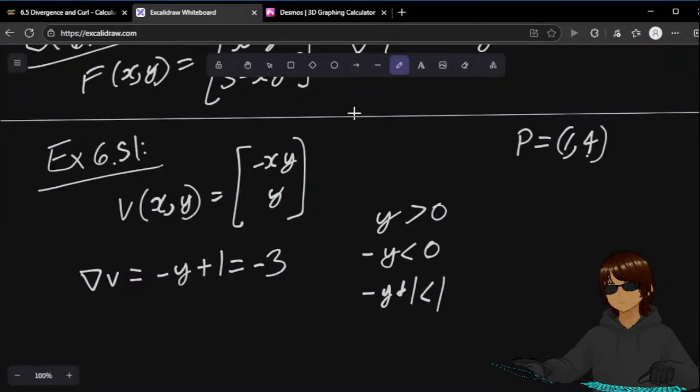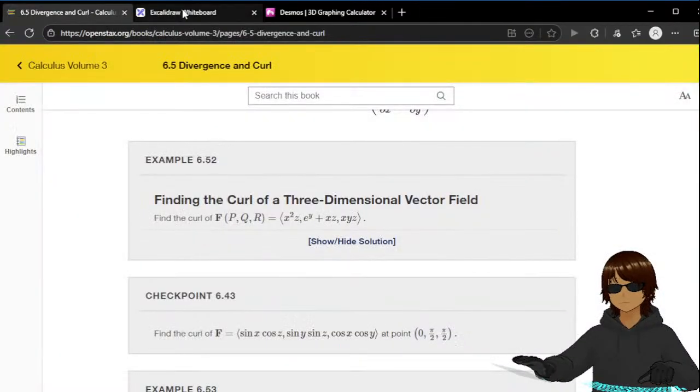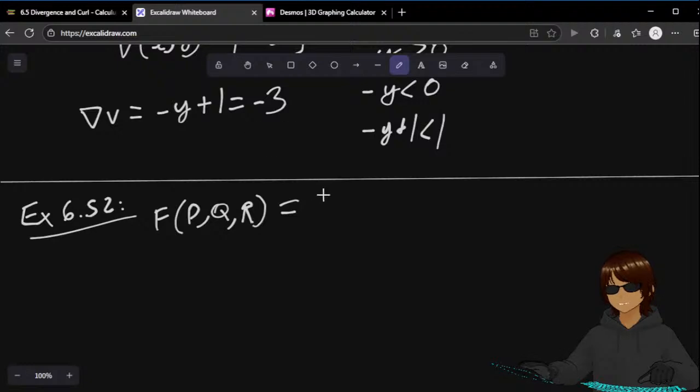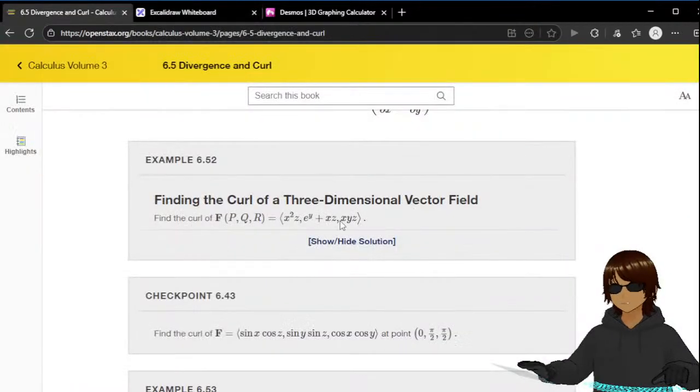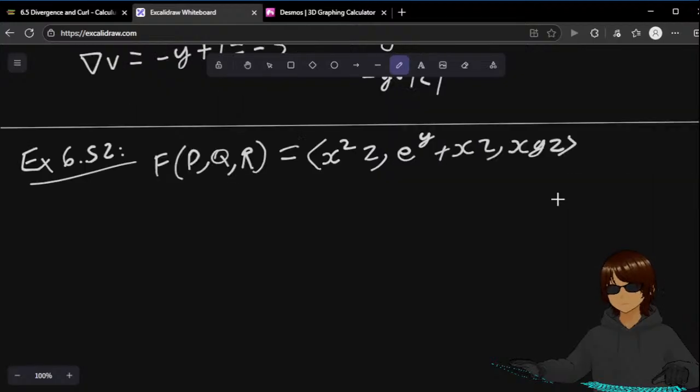Example 6.52. F = (P, Q, R) = (x squared z, e to the power of y plus xz, xyz).